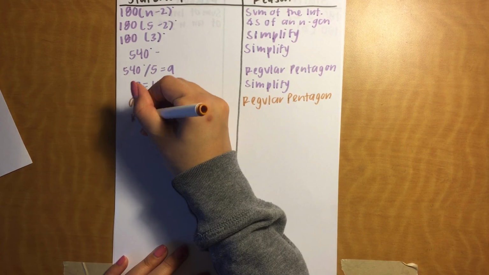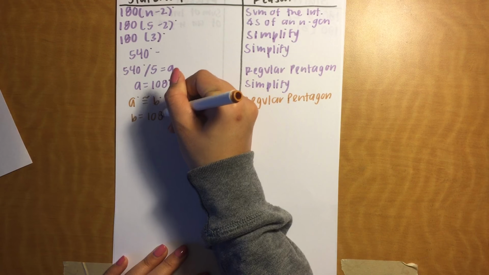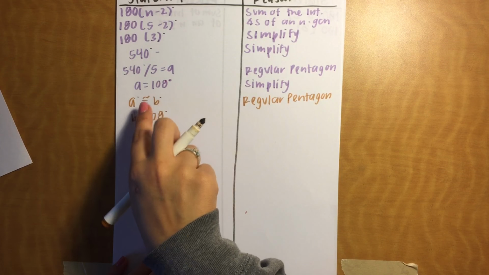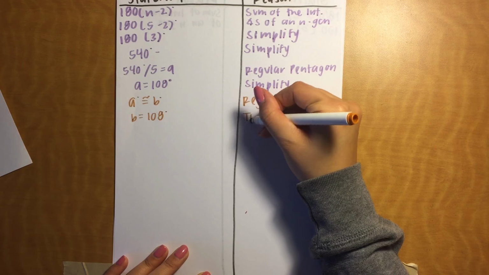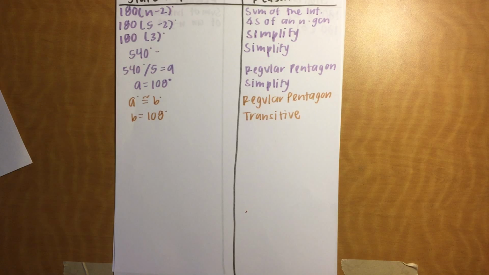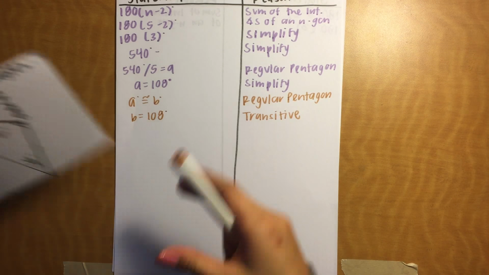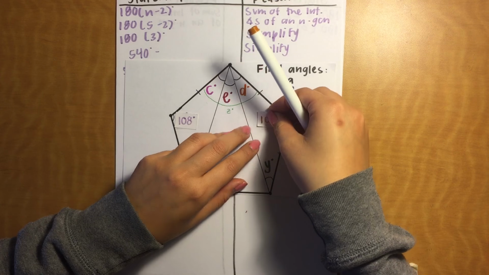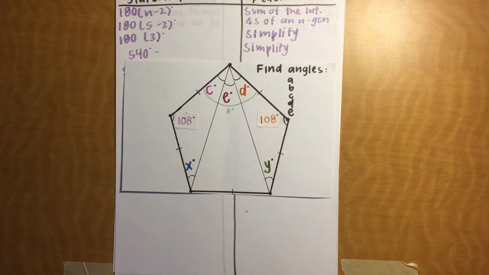So B is 108 degrees because A equals 108, A equals B, so then B equals 108. So we have this again, and we know angle B is 108.